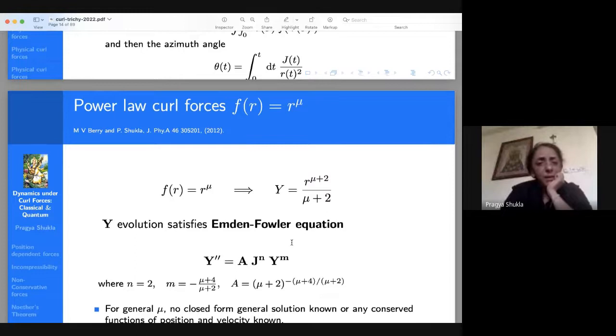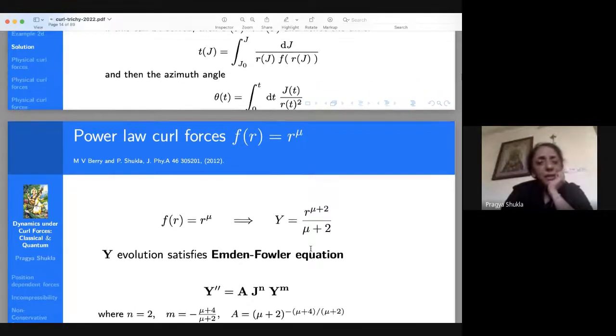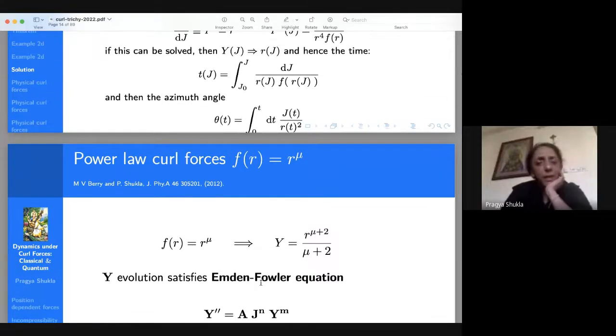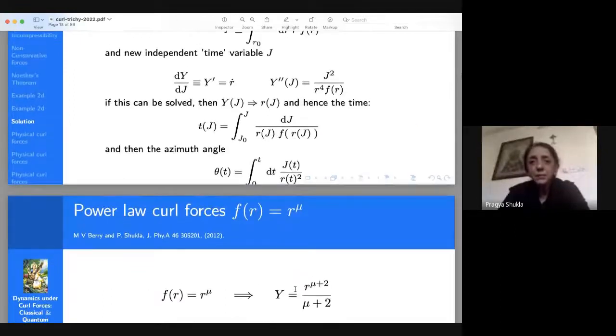In general, instead of looking at this equation, you can also see that the y evolution actually satisfies a well-known equation, the Emden-Fowler equation, and this is a very celebrated equation. I don't have to tell you because your department knows it much better than I do.